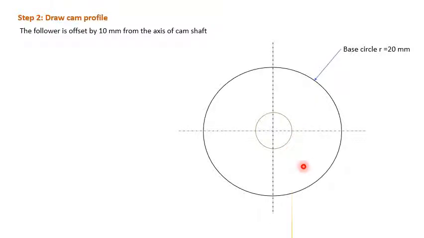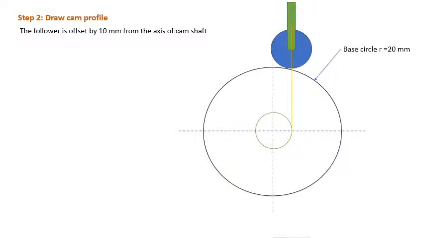Okay, so tangent to this small circle, draw an upward vertical line. Next we have to locate the roller follower. Here the roller follower axis should pass through the tangent of this small circle.